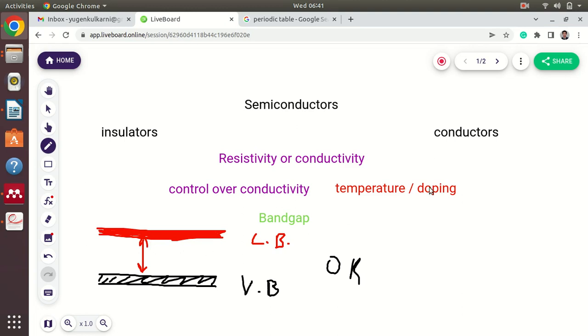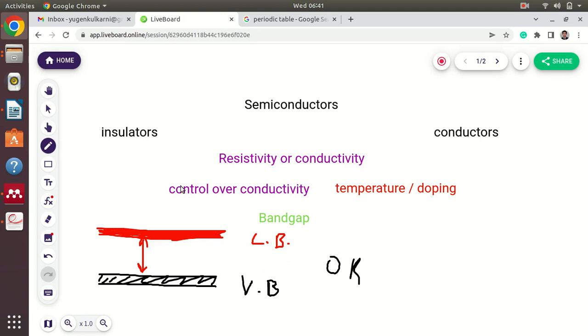Now for conductors there is no such thing as a band gap, because in a conductor the valence band and conduction band overlap each other. So why do we need the conduction band?